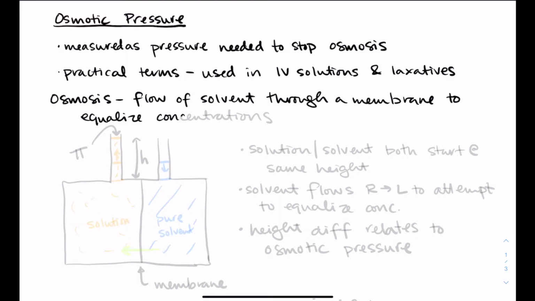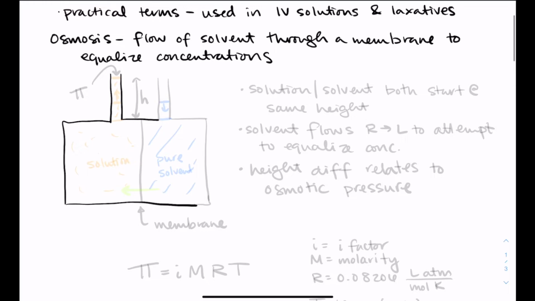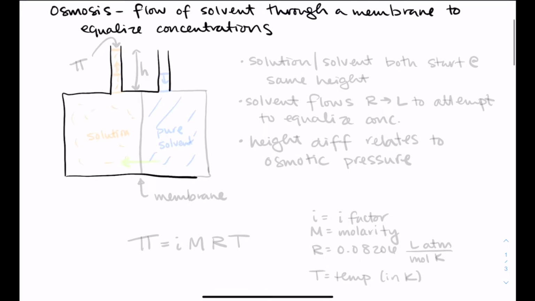So, right, if I have this contraption, this container that's got two tall necks on it, there's a membrane in the middle. If I have a solution on one side and the pure solvent on the other side, what would happen when those solutions are in contact with each other, or the way we would think about looking at the osmotic pressure, is that the solution and the solvent would both start at the same height.